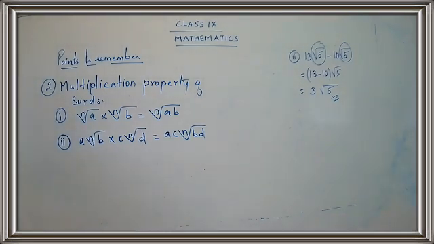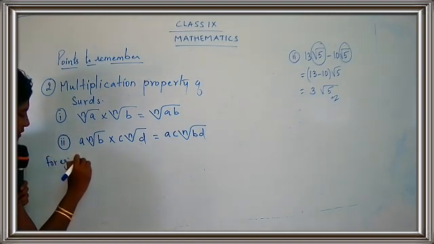What are the two properties of surds? One is nth root of A into nth root of B is equal to nth root of AB. Then A nth root B into C nth root D is equal to AC nth root of BD. I'll give you an example. The properties will be clear with the examples. I'll just give you an example here, write down here.